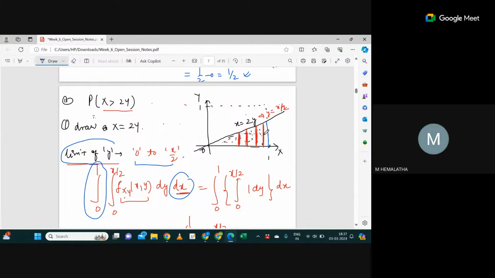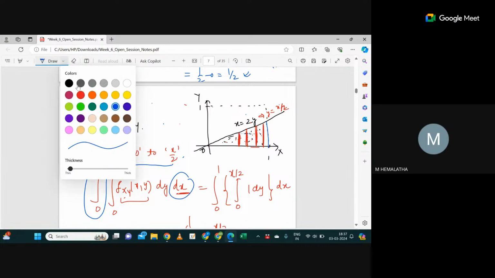From 2y... no, I'm asking with respect to y. X to 1. Just think a little bit. Just see the red line. Where is it going, from where to where? From the line to the x-axis, sir.